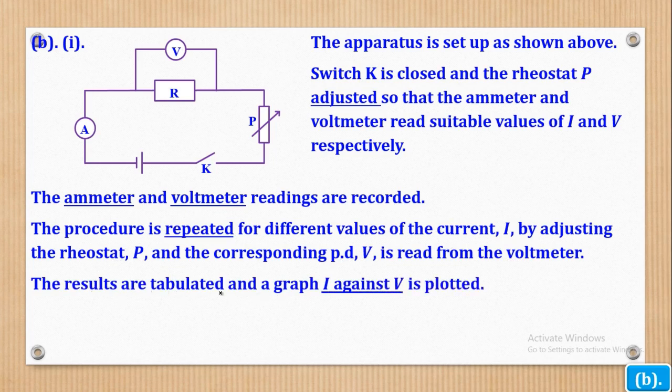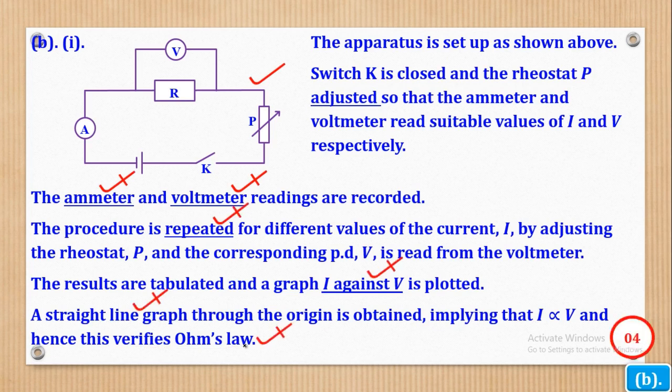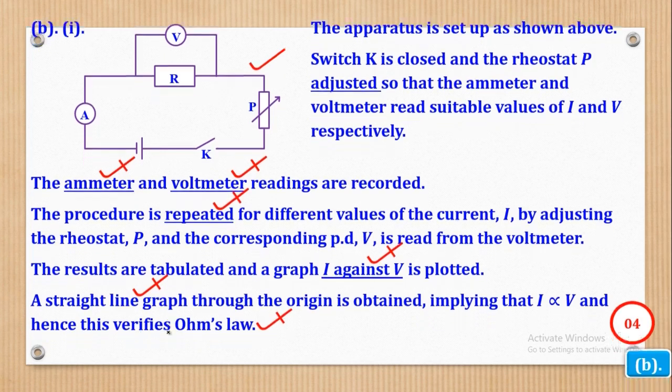The results are tabulated and a graph of I against V is plotted. A straight line graph through the origin is obtained, implying that I is proportional to V, and hence this verifies Ohm's law. And that's how marks would be awarded.